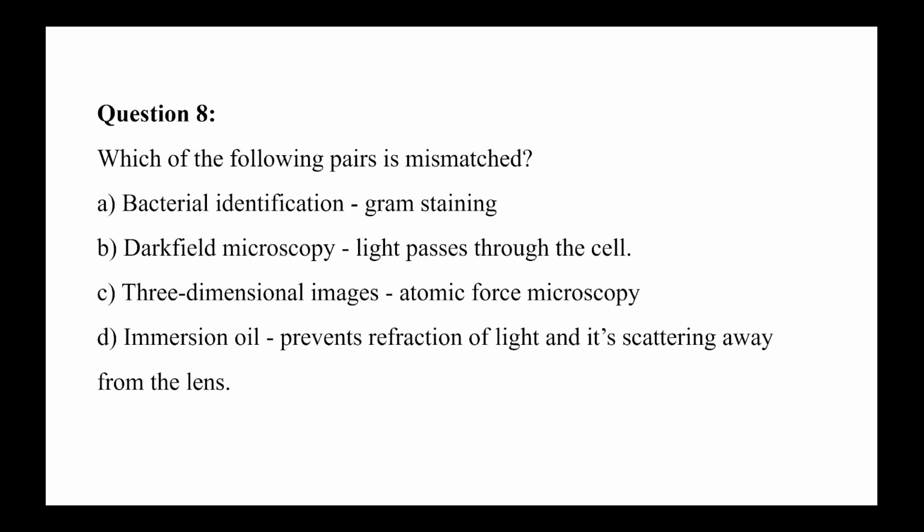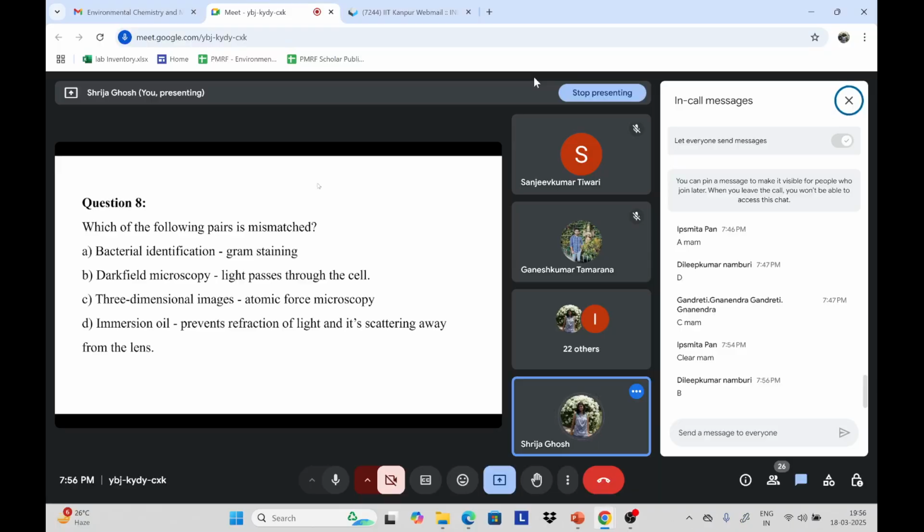Option D, immersion oil, prevents refraction of light and its scattering away from the lens.